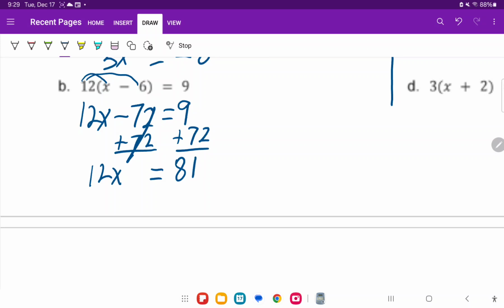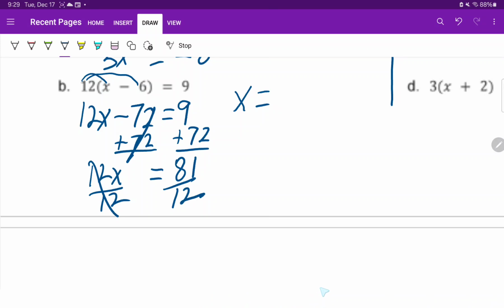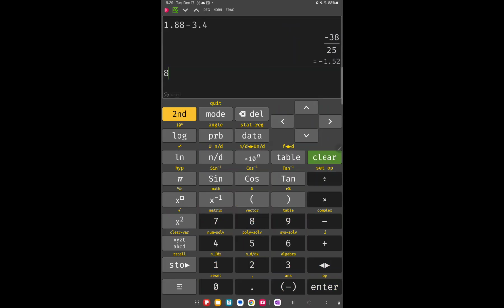So then I'll need to divide by 12. So that's going to cancel. So x will equal 81 divided by 12. All right, so 81 divided by 12. That's going to give you 6.75.